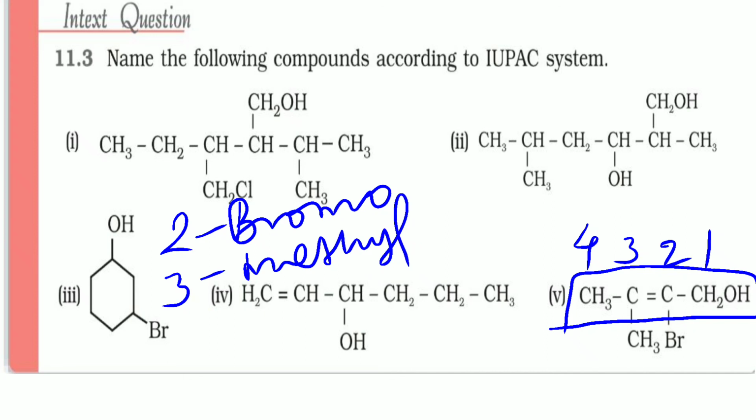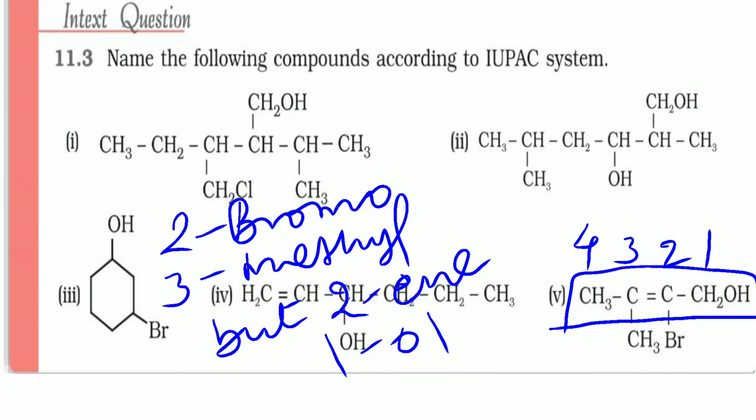At number 2 there is a double bond and the total is 4 carbons, so we can write but-2-ene. And at number 1 there is an OH group, so also we can write 1-ol. Its IUPAC name is 2-bromo-3-methylbut-2-en-1-ol.